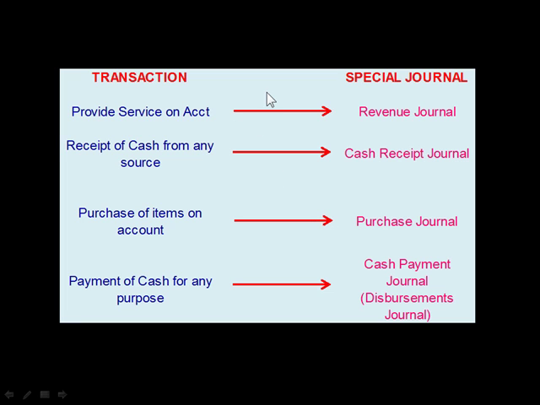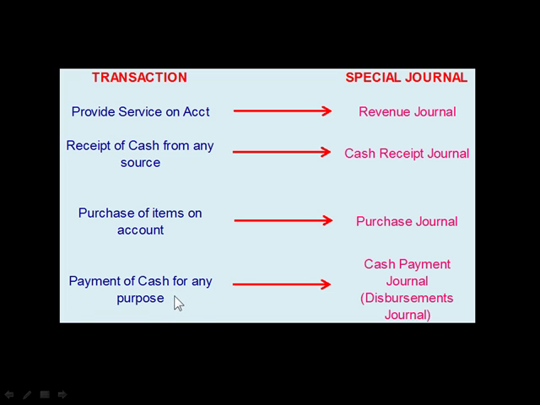Now we're going to talk about our special journals. If you provide a service on account, you're going to use your revenue journal. Your revenue journal is going to accumulate all of your revenue transactions. Any receipt of cash from any source will be placed in your cash receipts journal. Any purchase of items on account will be housed in your purchase journal.